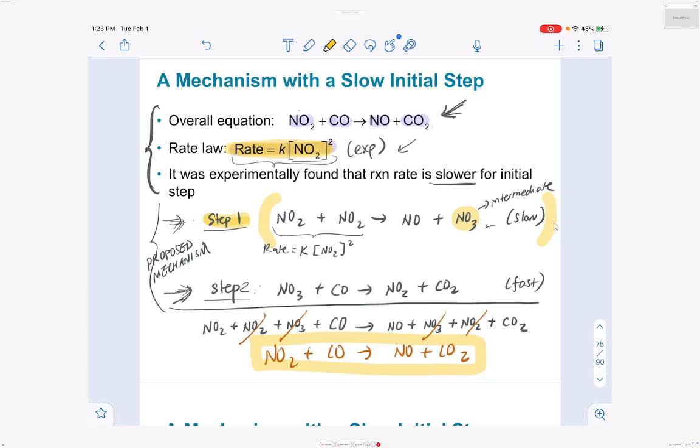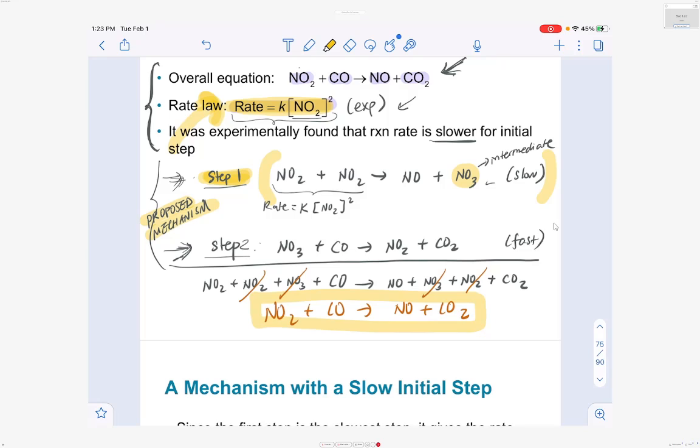Again, I'm emphasizing the word proposing. Later on, we will see an example where a different reaction mechanism also meets this rate law. So this is a proposed mechanism. It does not always necessarily have to be this reaction mechanism to meet this rate law.